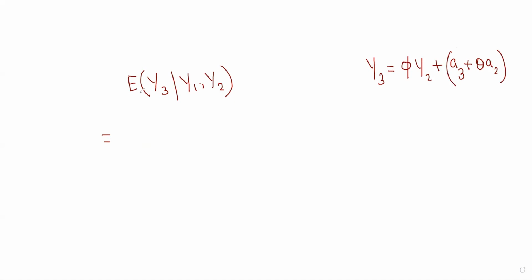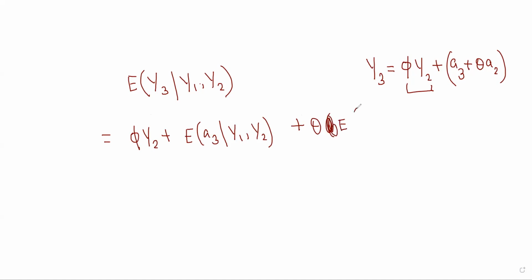So the expectation of Y3 given Y1, Y2 is simply phi Y2, since the expectation of Y2 given Y2 is just phi Y2, plus the expectation of A3 given Y1, Y2, plus theta times the expectation of A2 given Y1, Y2.